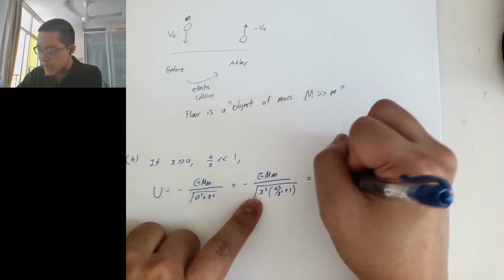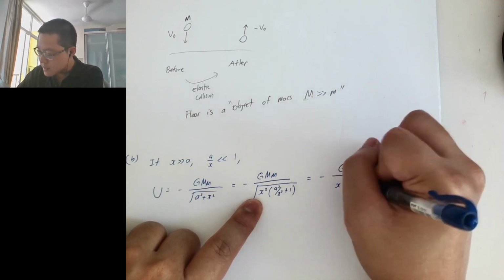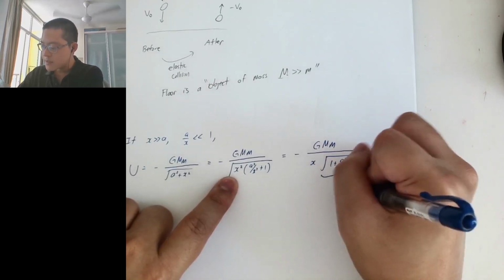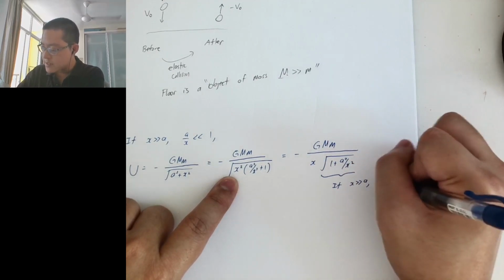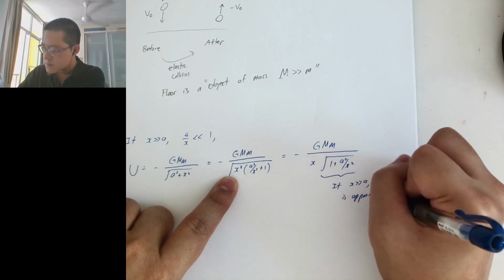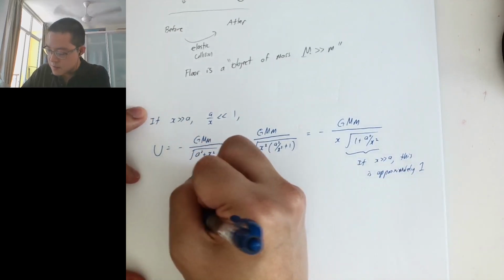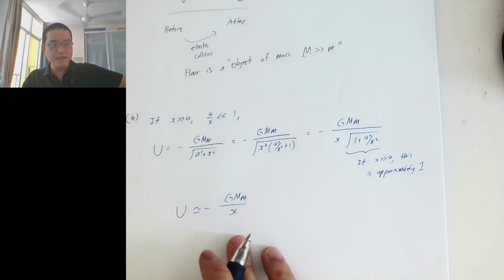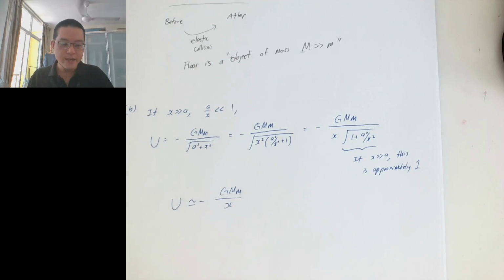The square root of x squared is just x, so we get GMm over x, then the square root of 1 plus a squared over x squared. If x is much larger than a, this part is approximately 1. So U is approximately GMm over x. This is again similar to the point mass formula, so we get this back.